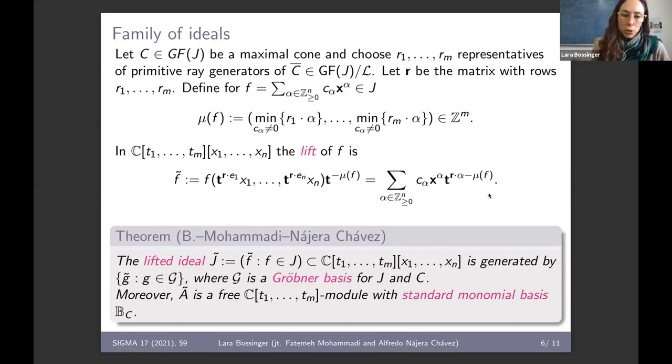And what we show is then that the lifted algebra, so that's this A tilde, I'm sorry, I forgot to put it down as notation, is the quotient of the polynomial ring in T's and X's by the lifted ideal. This is a free C[T1,...,Tm] module, and it has the same vector space basis as A, and that is exactly the standard monomial basis associated to the cone.